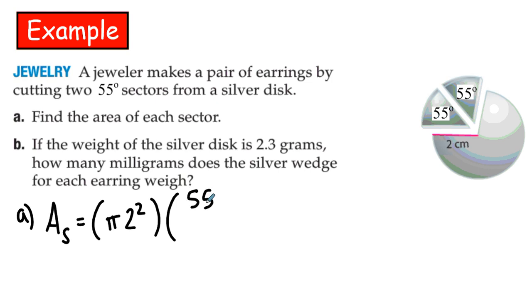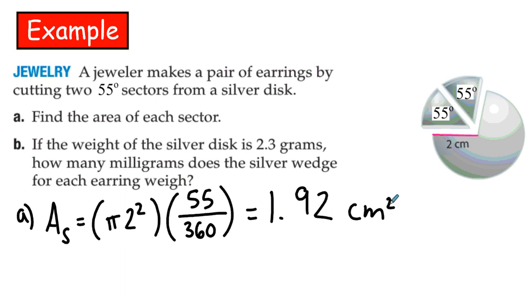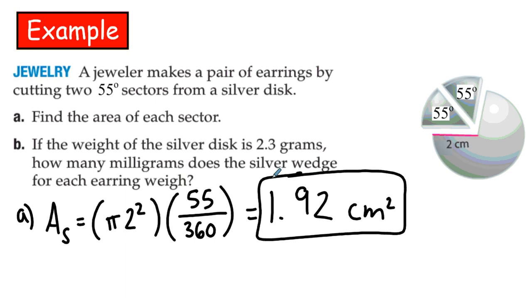Each of the earrings has a 55-degree cut, so 55 out of 360. And then I just multiply. That's essentially 4 pi times 55 divided by 360. The area of the sector would be 1.92 centimeters squared. That would be the area of each of the earrings.